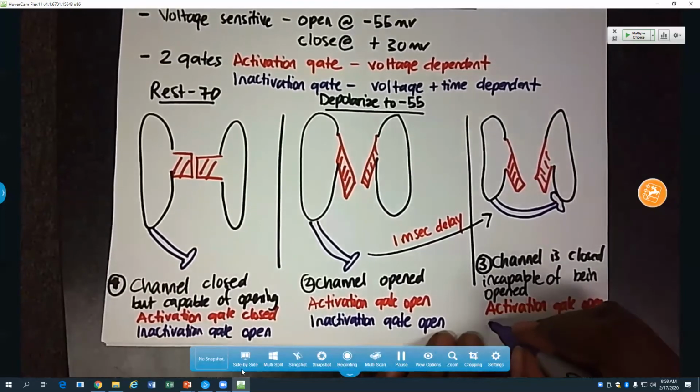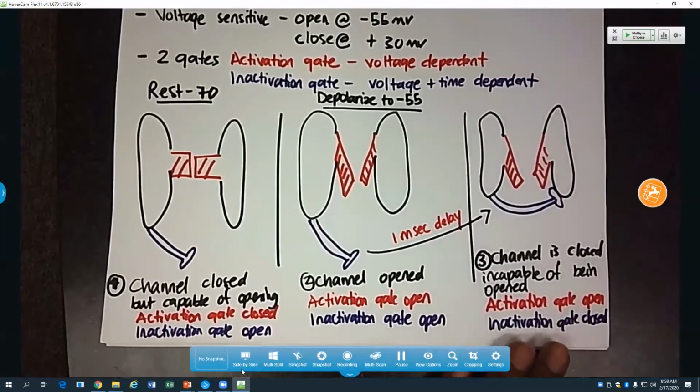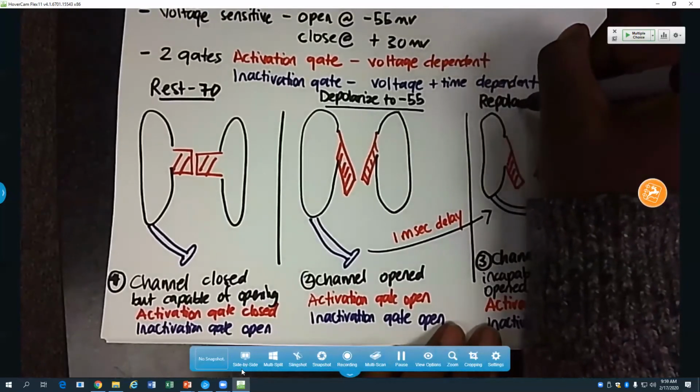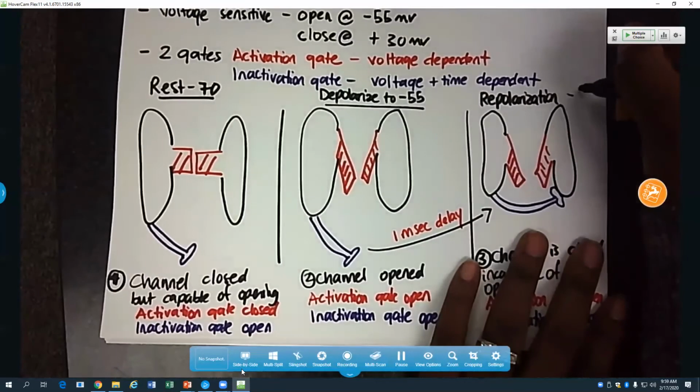Okay. And this is basically repolarization, which is triggered at positive 30 millivolts.